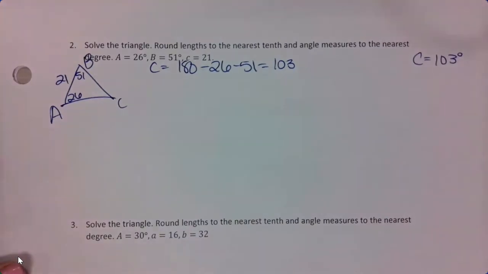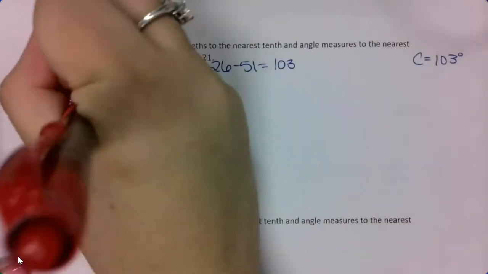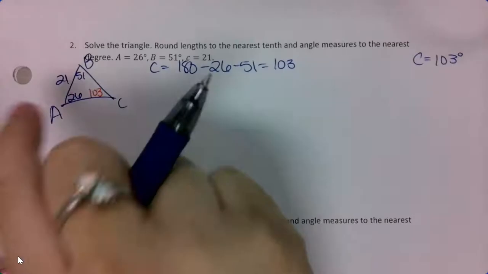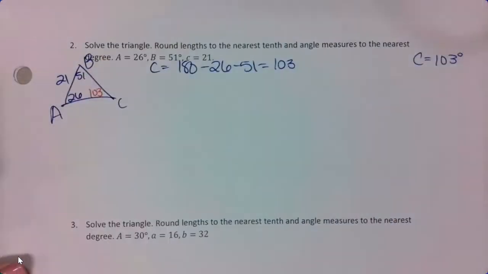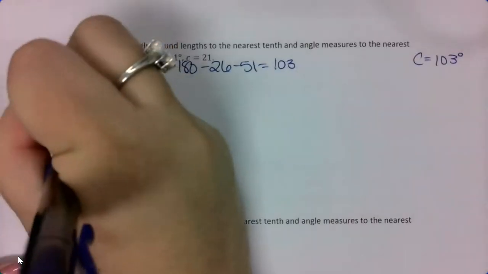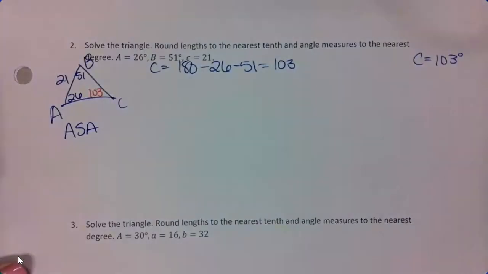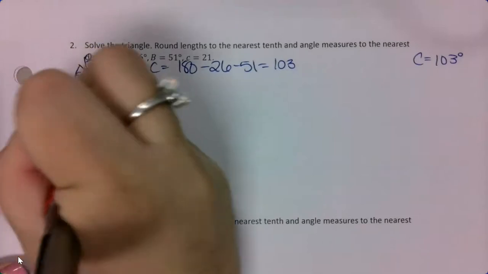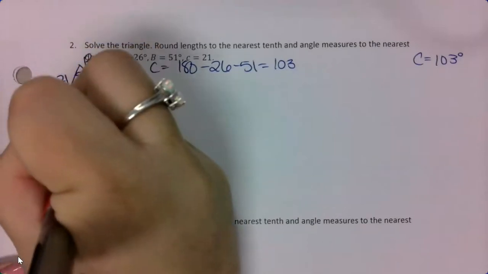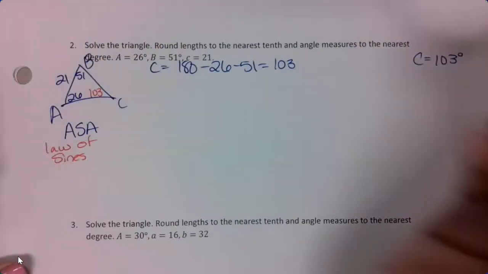Then, now that I know this one, I want to look at what they gave me. I have an angle, side angle. This one is, again, going to be law of sines. So I'm going to set this up.